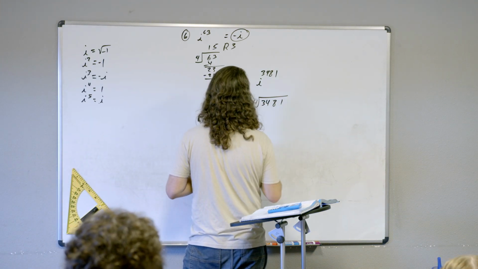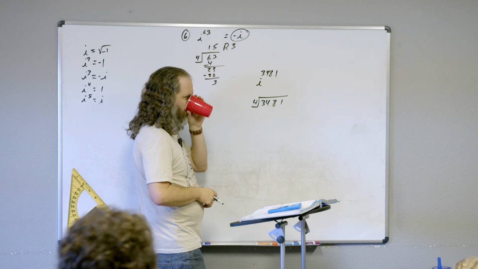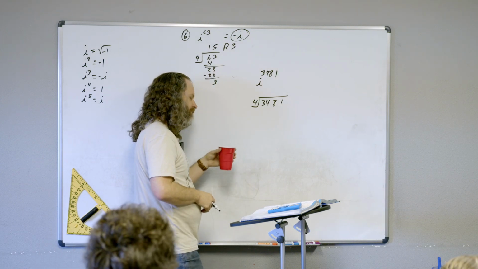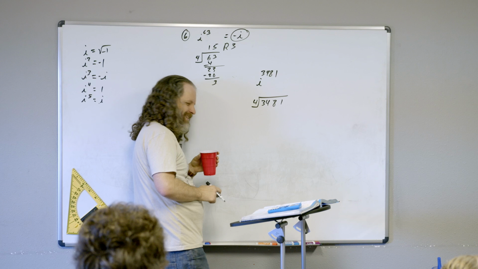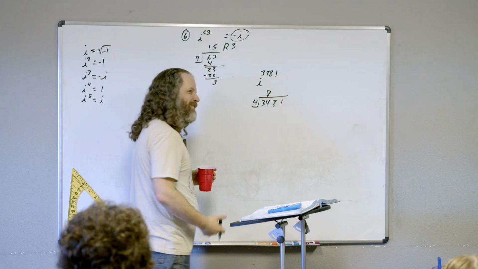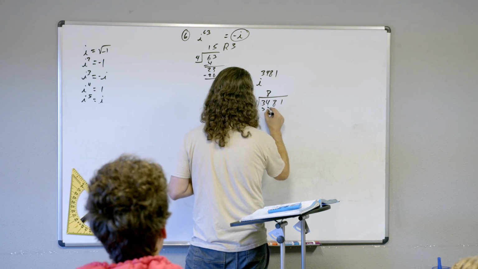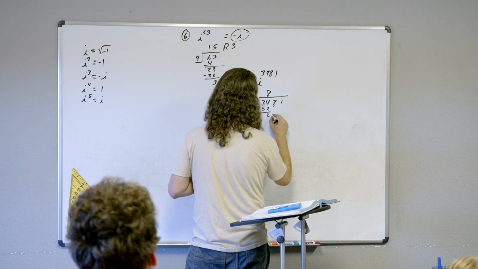4, 8, 1. 4 goes into 3, 0 times. 4 goes into 34 how many times? Use a calculator for this one. Why? How about 8 times? 8 times 4 is what? 32. Are our math facts oozing out of our ears for some reason?